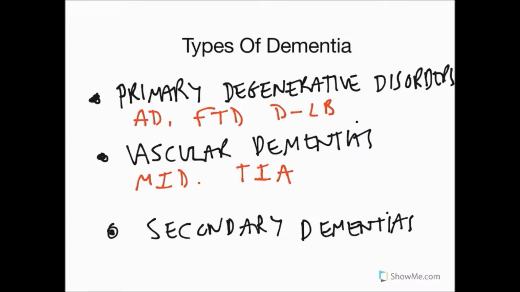Secondary dementias are dementias which are due to central nervous system issues or other systemic pathology. Examples might be things like hydrocephalus.